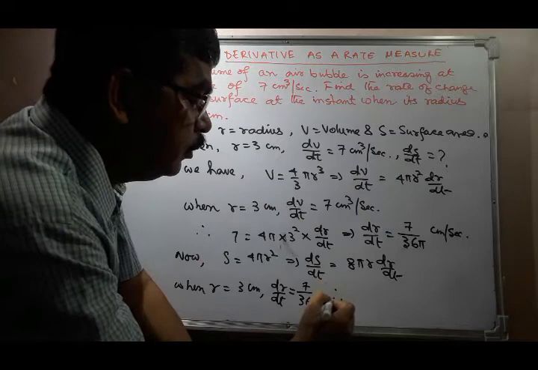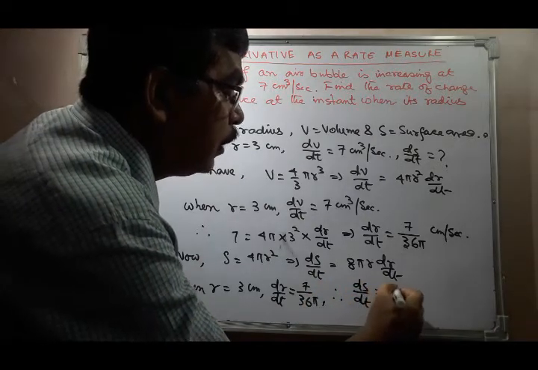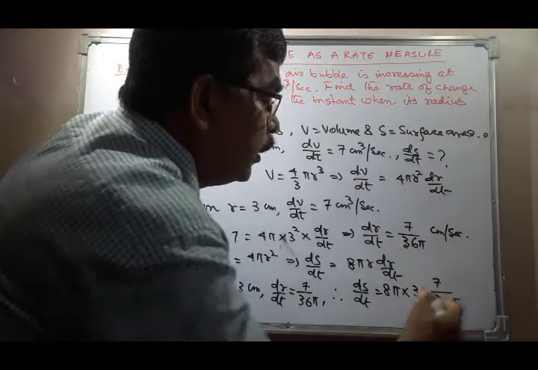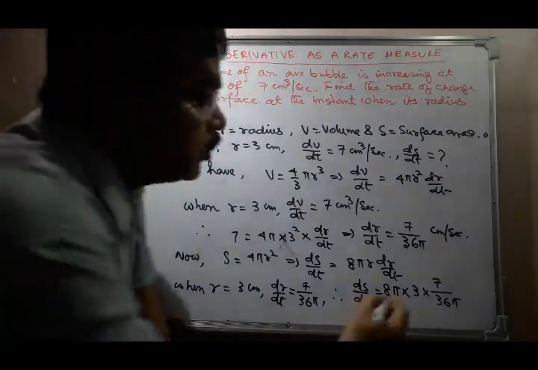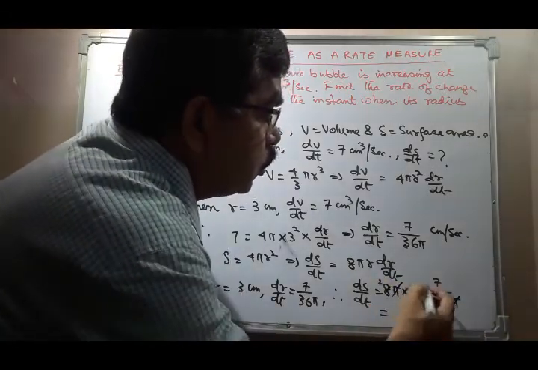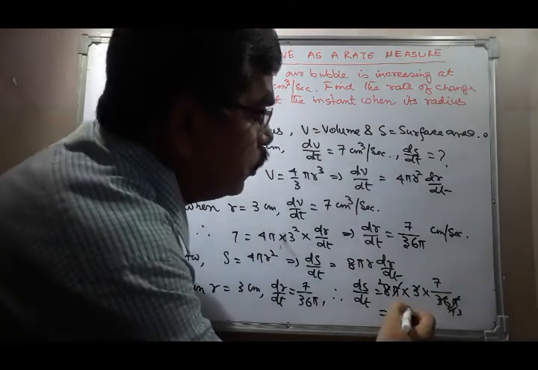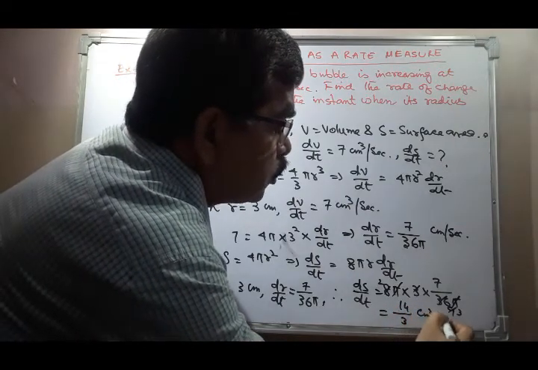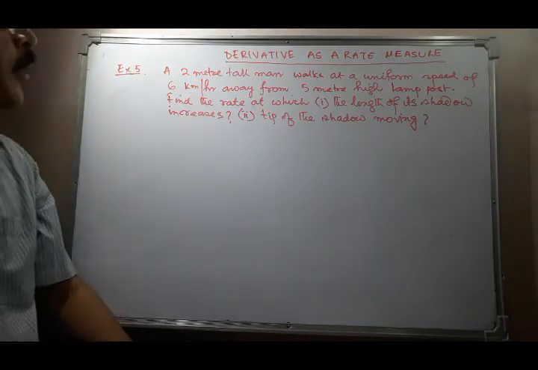So therefore ds by dt equals 8 pi into 3 into 7 by 36 pi. So what final answer will we get? Pi and pi get cancelled, 4 twos are 8, 4 nines are 36, 3 threes are 9, so 14 by 3 centimeter square per second.